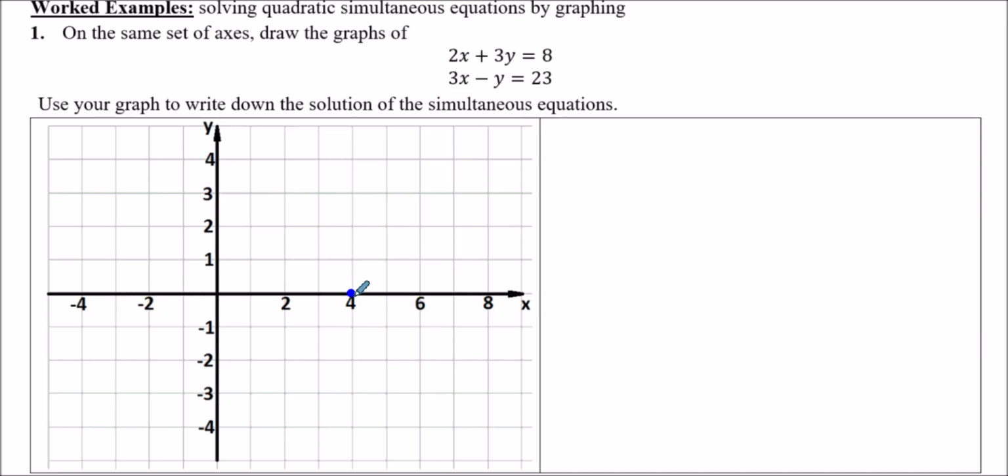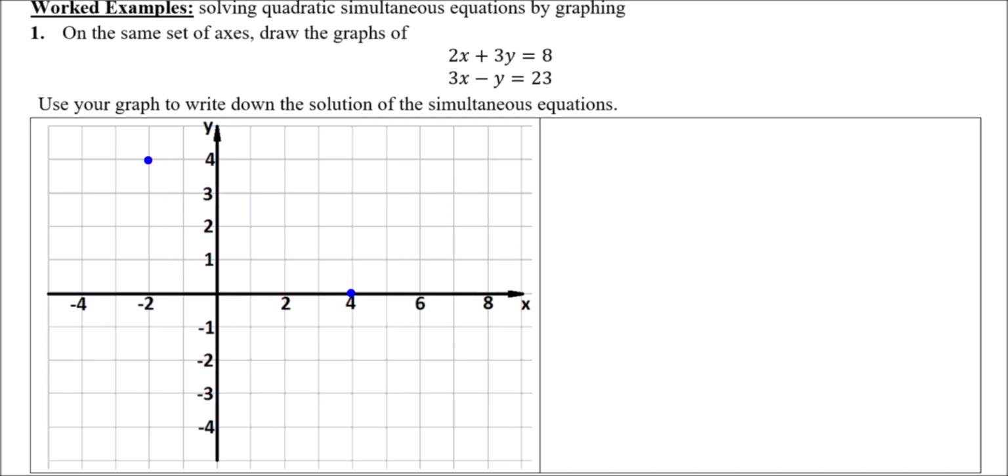So another thing we could say is, let's say if x were minus 2, 2x would be minus 4. So 3y would have to be 12 to make this equal to 8. So 3y would have to be 12, y would have to be 4. And so minus 2 and 4 must be another point on this line.